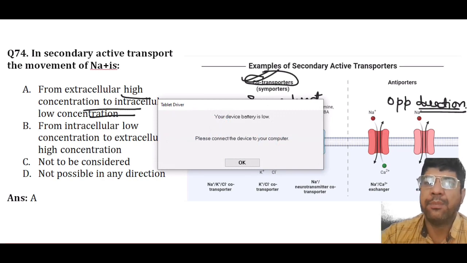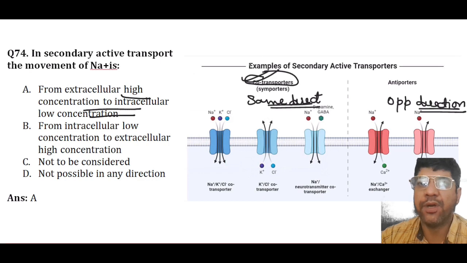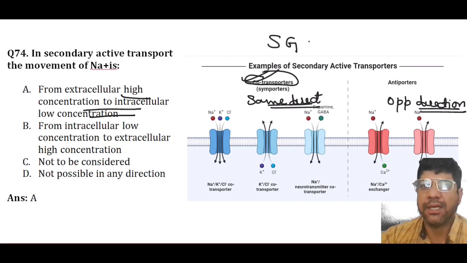So the example of secondary glucose transport is the sodium glucose co-transport that is found in the renal tubules of the kidney.